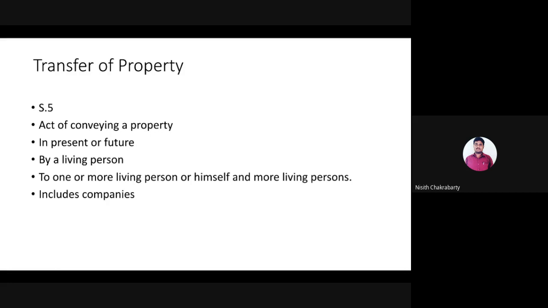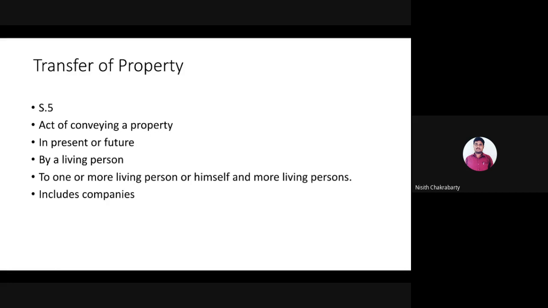This completes our discussion on introduction to transfer of property. Next class, that is going to be held tomorrow, we'll discuss what may be transferred, which is very important. We'll also discuss the persons who are competent to transfer, how the operation of transfer takes place, and the restrictions repugnant to the interest created.